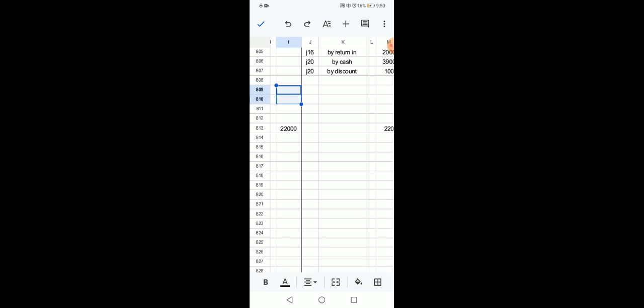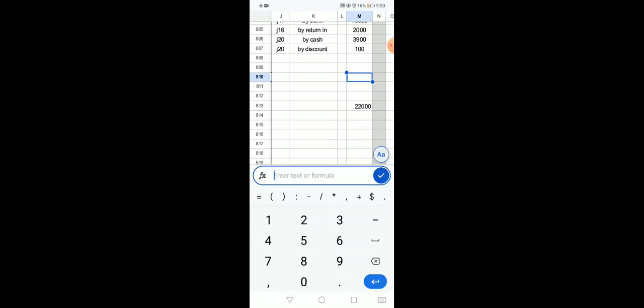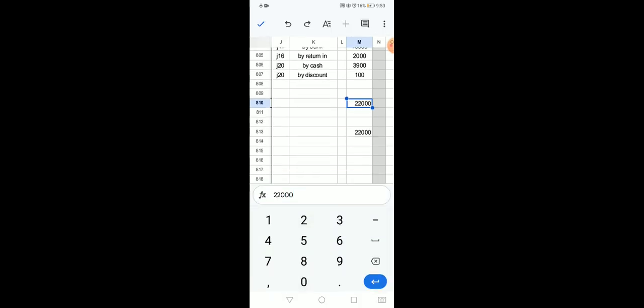That is why you will write this total 22,000 on the debit side, and the same total 22,000 on the credit side as well. Mark it as total. Balance would not be calculated as there is no smaller or larger total. It means the Rafiq ledger without calculation of balance is completed.